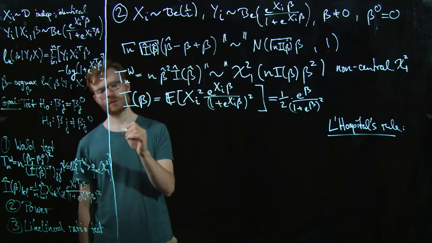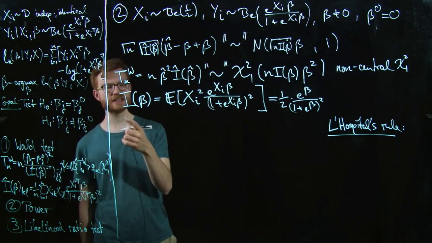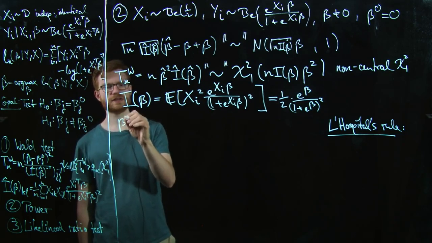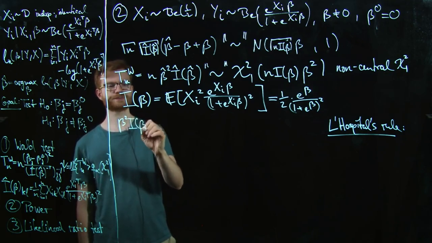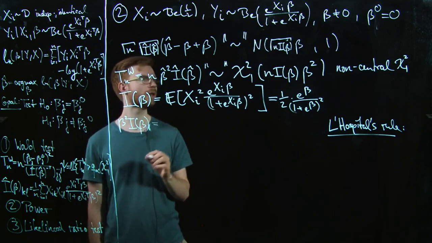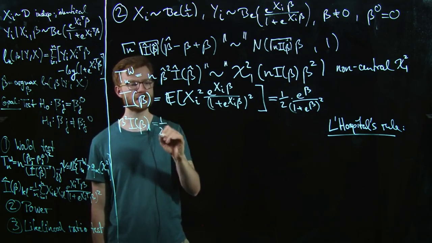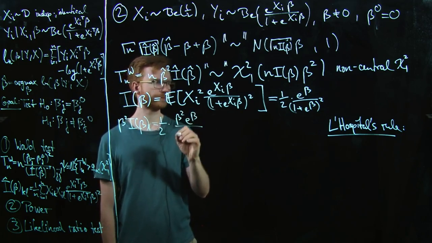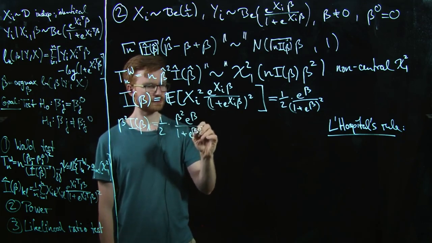So in this case, let's forget about n, because n is large but fixed. We'll have this quantity here to analyze, which is, we just calculated, 1/2 times beta squared times e to the beta divided by 1 plus e to the beta squared.